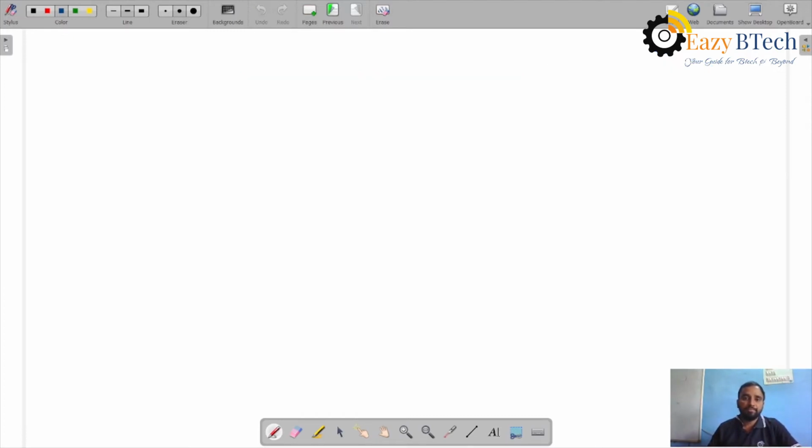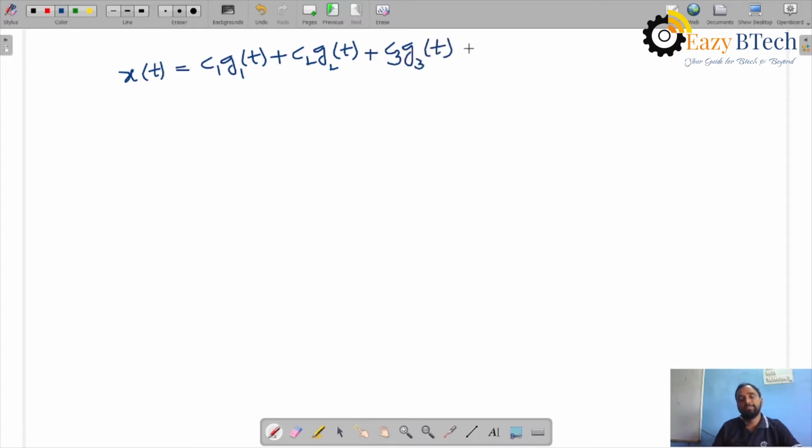Let's write that x of t is equal to the first function c1 into g1 of t plus c2 into g2 of t plus c3 g3 of t and so on, cr gr of t, plus and so on, cn gn of t.